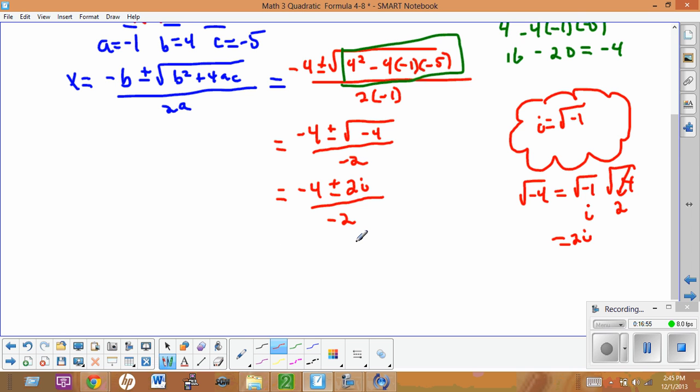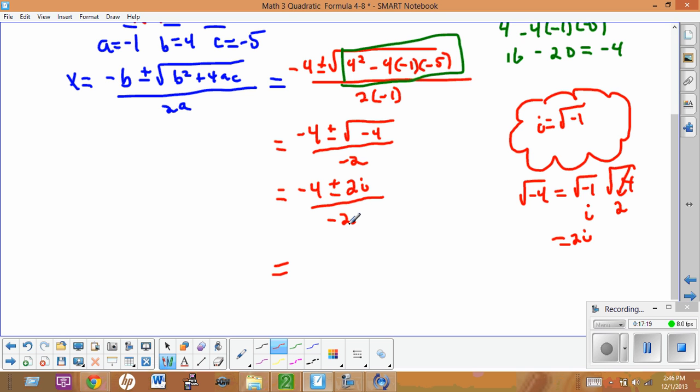Okay, we do have some more simplification. I notice that 2 goes into 4 and 2. So this can actually be reduced, and this is how we reduce. So make sure this makes your notes. What we're going to do is look for a common factor in the numerator that cancels out with something in the denominator. Now negative 4 and 2, I can pull out a negative 2.